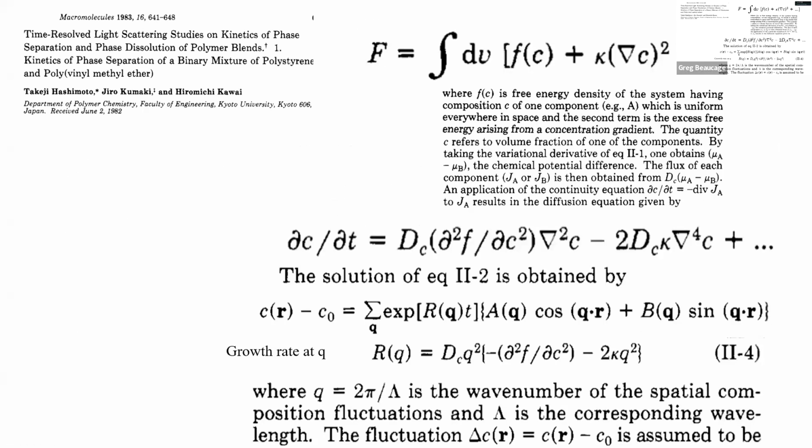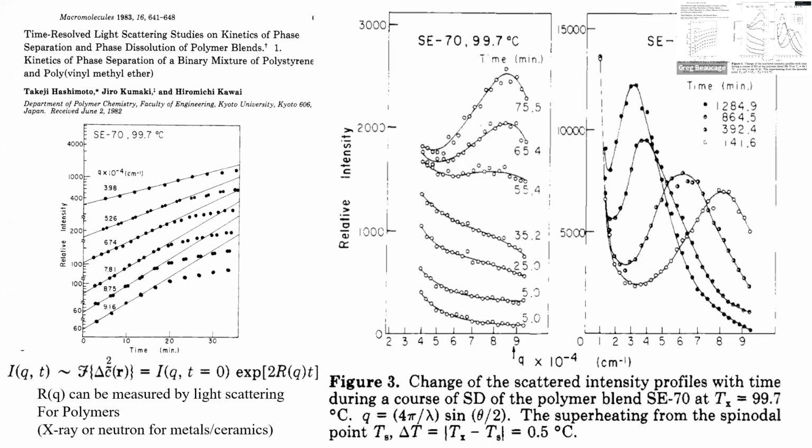So basically the growth rate, the R(q), means you measure the intensity as a function of time. Time's going up and the peak intensity is growing here. If you measure the peak intensity versus time, on a log-linear plot in time, it follows that equation.